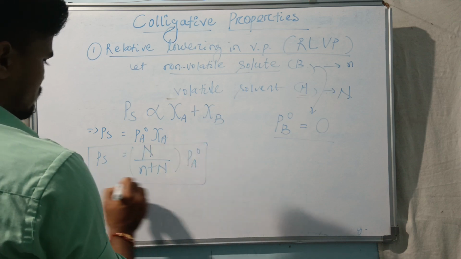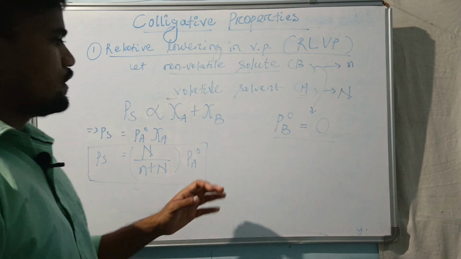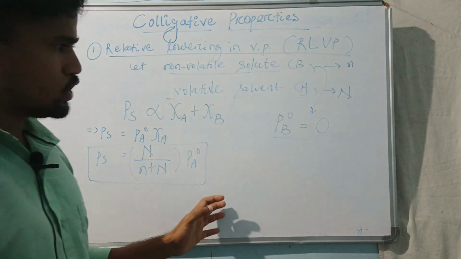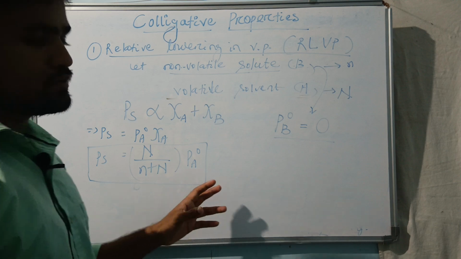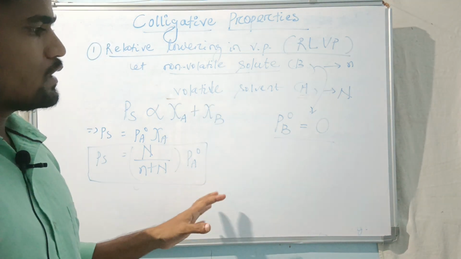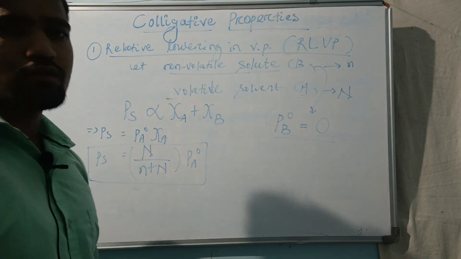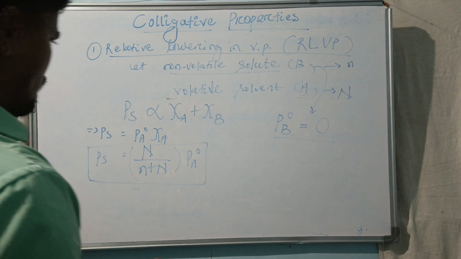Clear? So for a solution of non-volatile solute at constant temperature, the vapor pressure of the solution containing non-volatile solute is directly proportional to the mole fraction of that solvent, right?